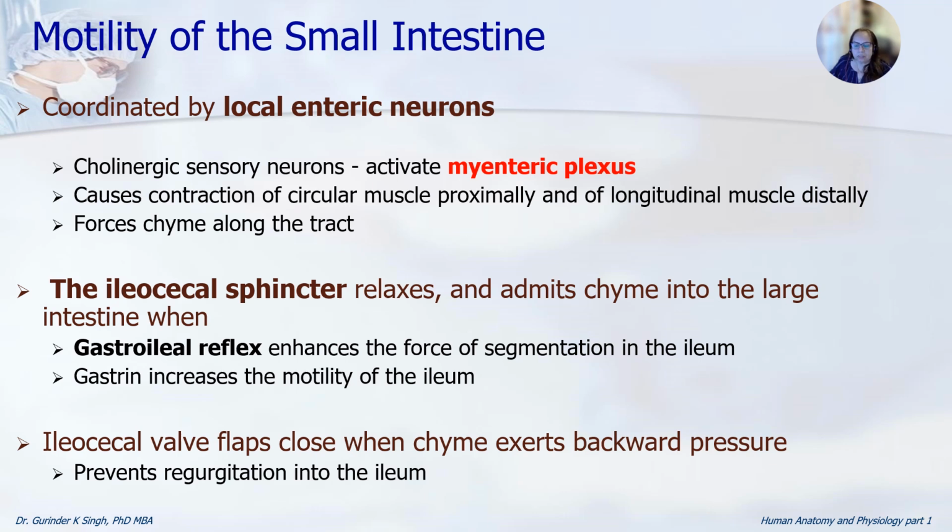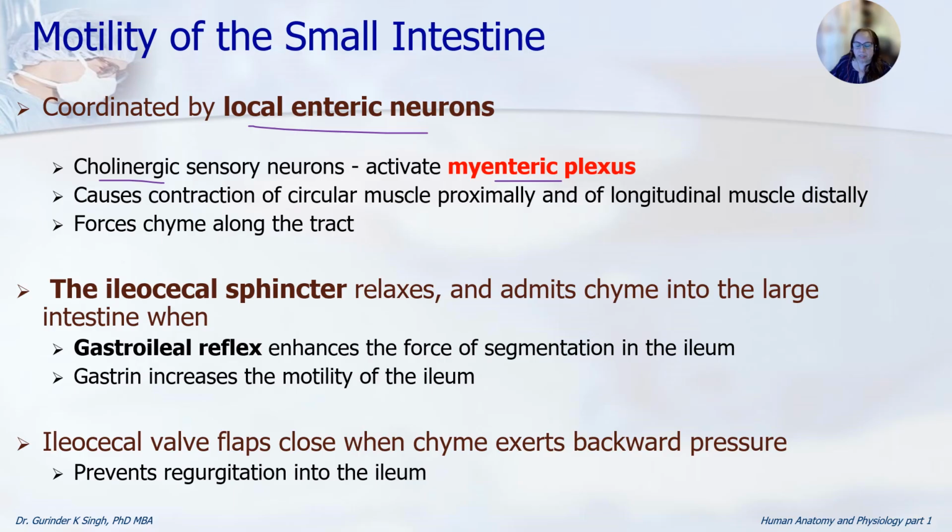What controls the motility in the small intestine is typically the local enteric neurons. So that's your myenteric plexus present there. These are the ones which control it, and these are your acetylcholine sensory neurons. They release acetylcholine, so we call them cholinergic sensory neurons.